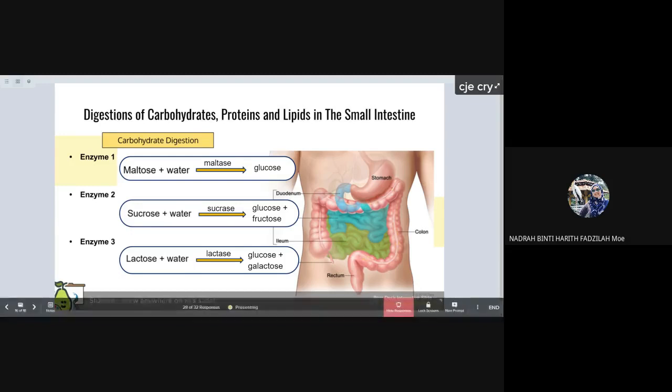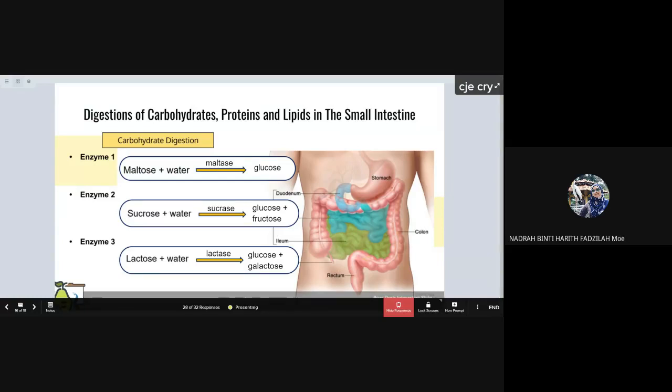So dah sampai ileum ni dah jadi the simplest type of carbohydrate lah. Okay, semua ni glucose, fructose dan galactose ni adalah monosaccharide. So digestion of carbohydrate has already completed in the ileum due to the presence of maltase, sucrase and also lactase. Terima kasih kepada tiga-tiga enzim ni.